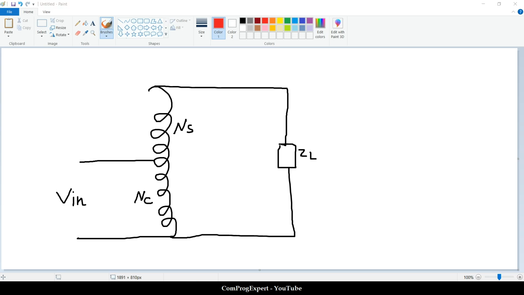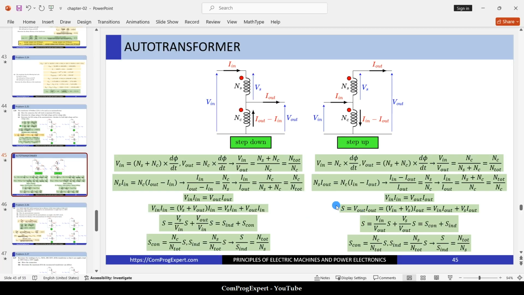We have this equation: S, the volt-ampere apparent power, is equal to V out times I out. What is the value of V out?